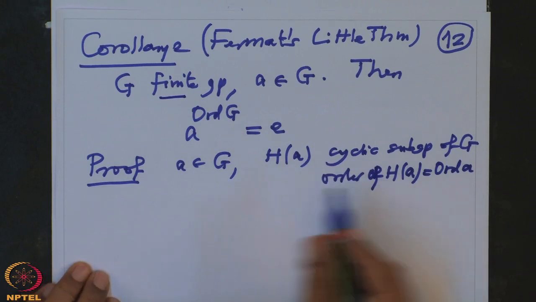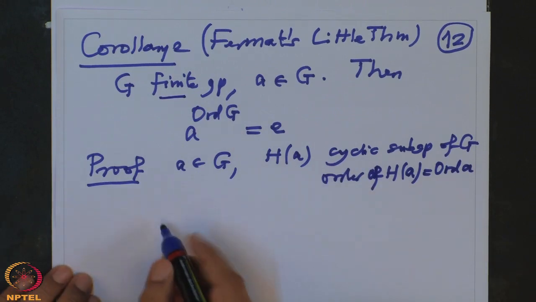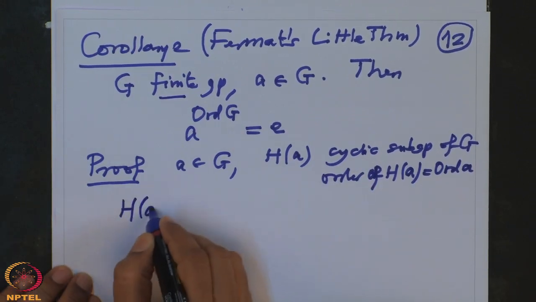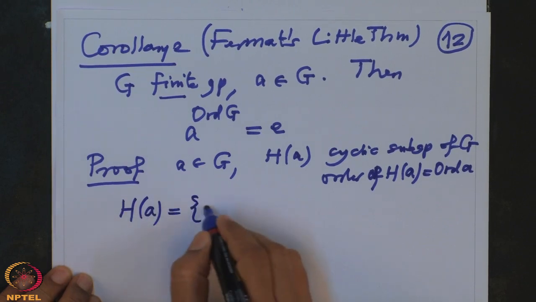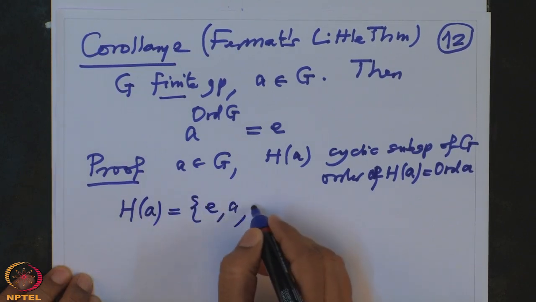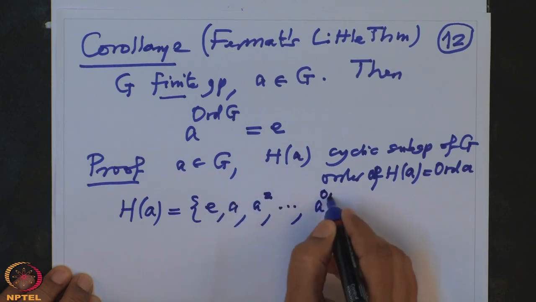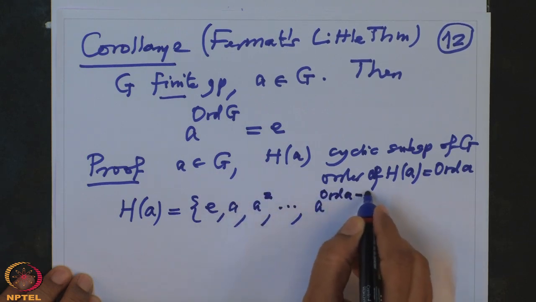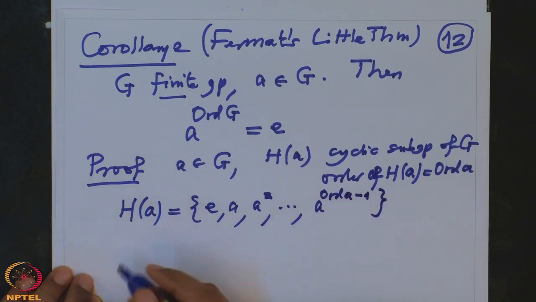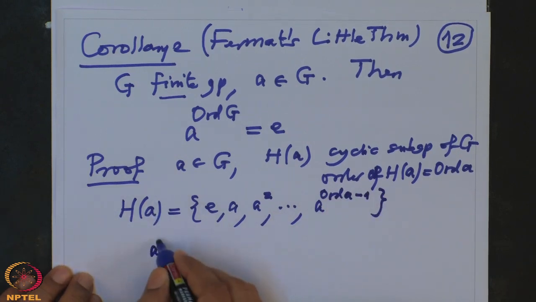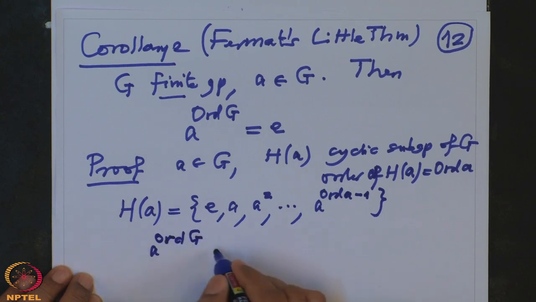Because we are in a finite group, H(A) is also finite. Therefore, as I said, H(A) is nothing but E, A, powers of A going on till A to the power order of A minus 1. This is precisely H(A). And what is the next power? A to the power order of G, that is what we want to prove.